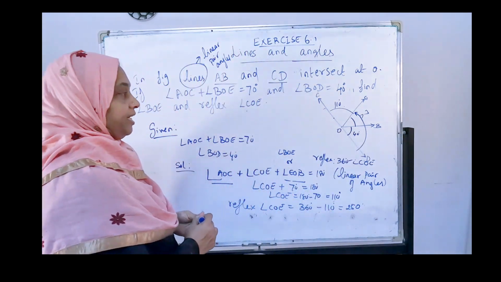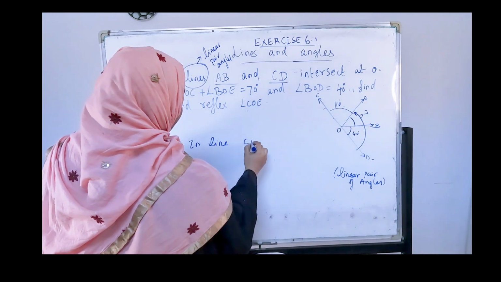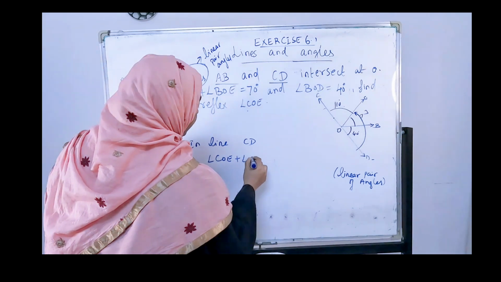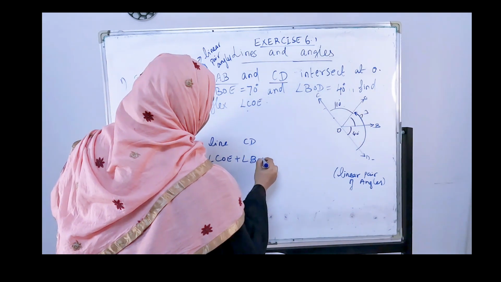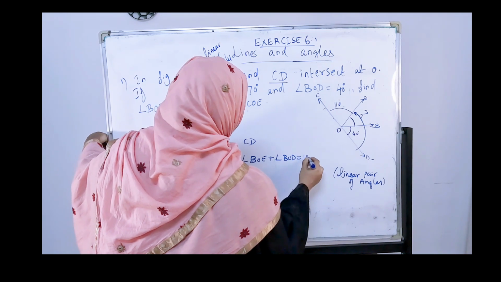Then subtract, you will get BOE. In line CD, angle COE plus angle EOB or BOE plus angle BOD is equal to 180 degrees.